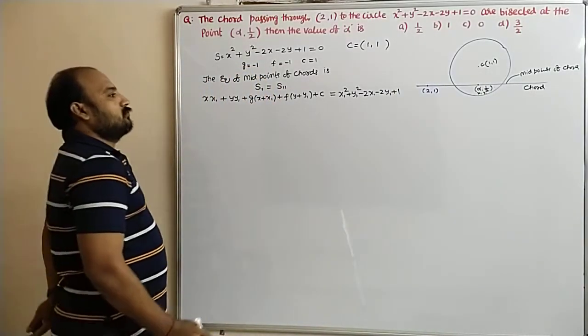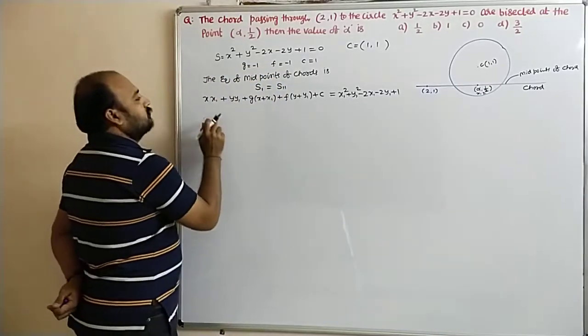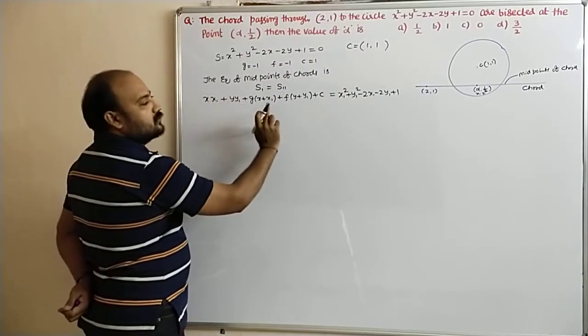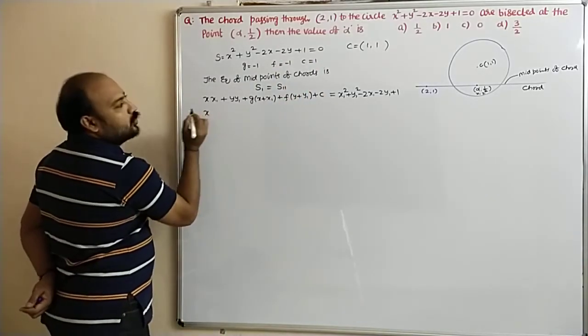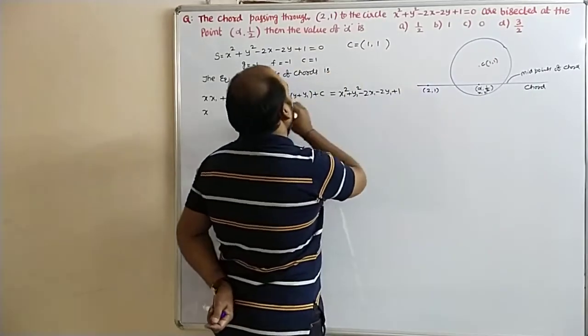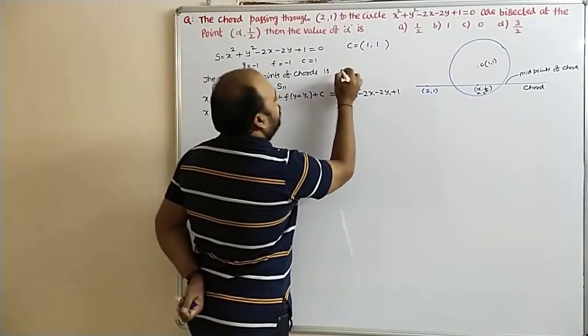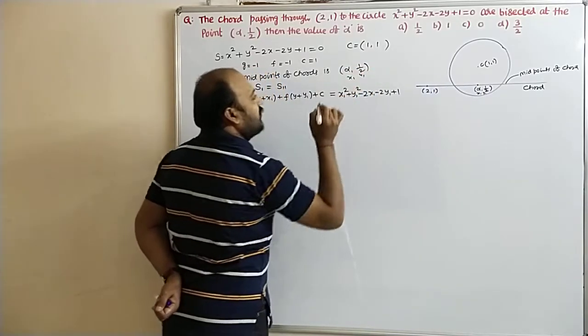Now, here, wherever x1, y1 and g, f, c is there, we can write it. x into x1, y1. What point here taken? x1, y1, midpoint of chord is here alpha comma 1 by 2. This is x1, y1.